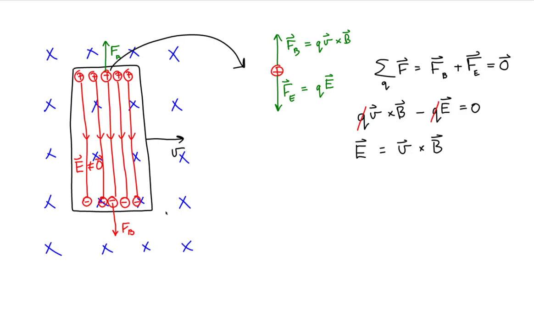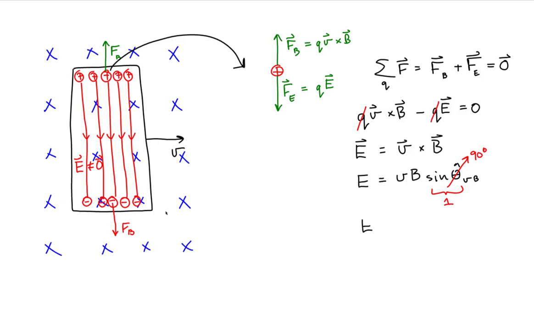And if we want to know the magnitude of the electric field, the magnitude is just equal to the magnitude of the product of the particle's velocity and the magnetic field times the sine of the angle between the particle's velocity and the magnetic field. Well, since the particle is moving at a right angle perpendicular to the magnetic field, the angle between the two is 90 degrees. The sine of 90 degrees is 1.